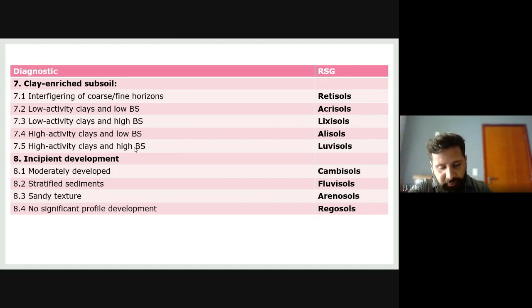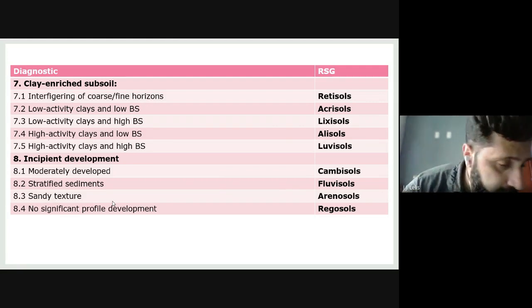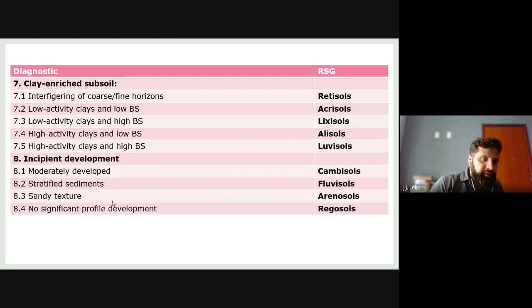They are Arenosols. The Arenosols are related to soils that possess a sandy texture, so a very, very high content of sand, and the clay content and the silt content are too low to help create specific soil properties. And so this soil is very similar to the parent material.